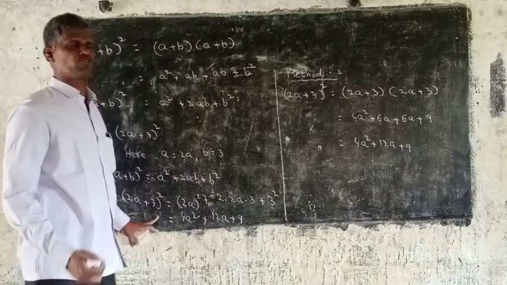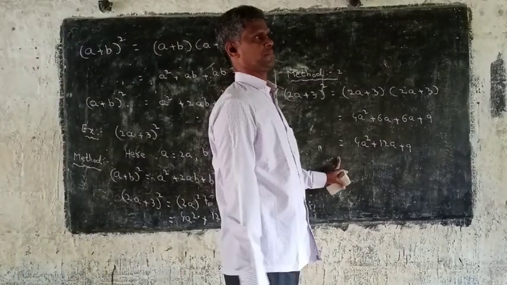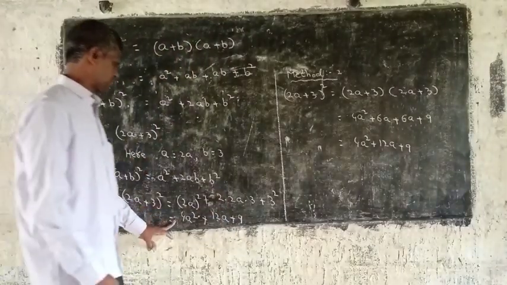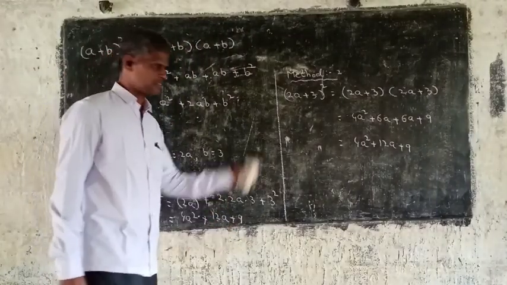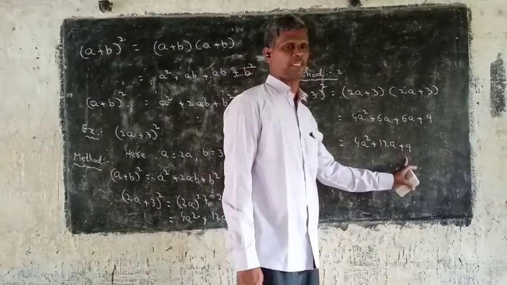First method using formula system, method 2 multiplication system. Any system same answer. 4a square plus 12a plus 9.